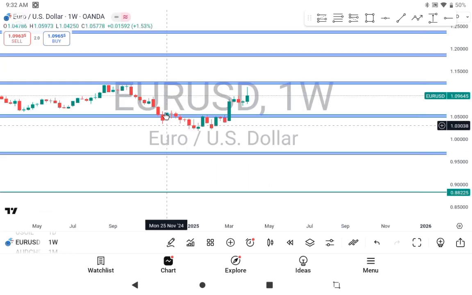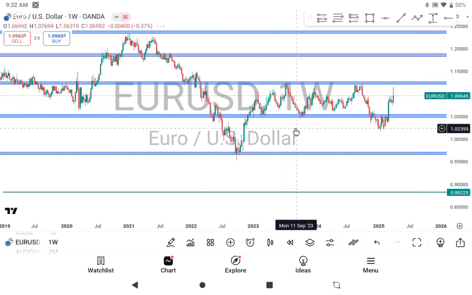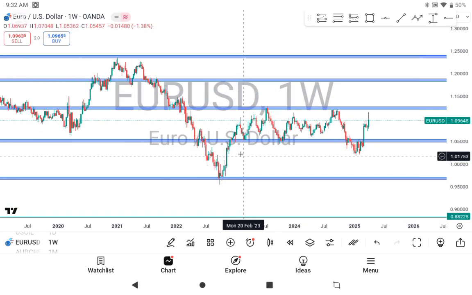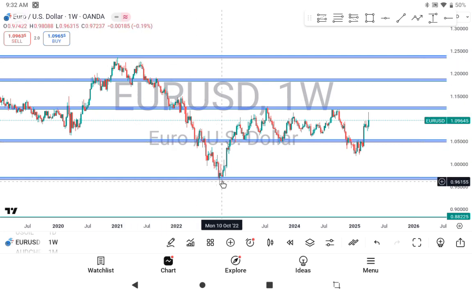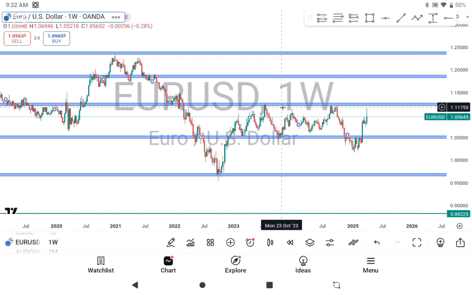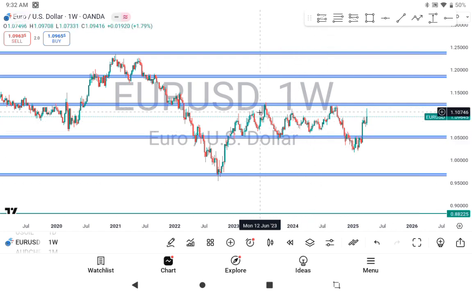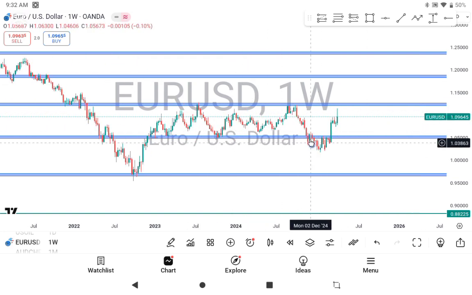So right here on the weekly time frame, this was the massive sell-off that we see on the monthly time frame, and this was the pullback. Instead of the pullback coming right to this support level and starting to push lower, what the market did was play around, moving sideways, and this was a fake breakout that happened.